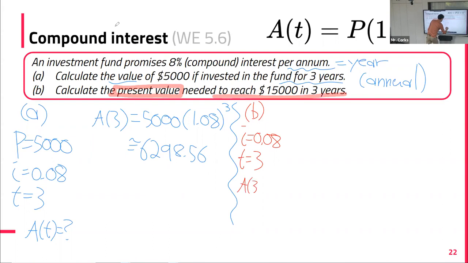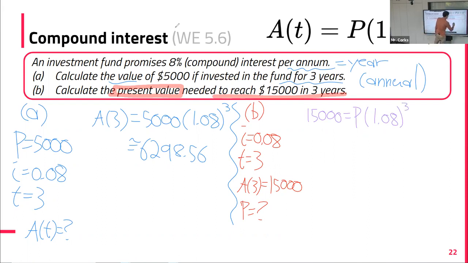So A3 is 15,000 and B is something. So we just put all the parts into our formula. 15,000 equals P times 1.08 to our exponent 3 here.